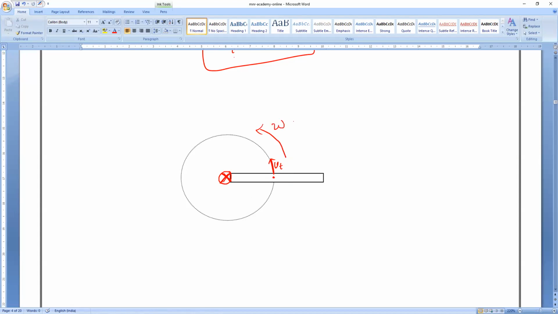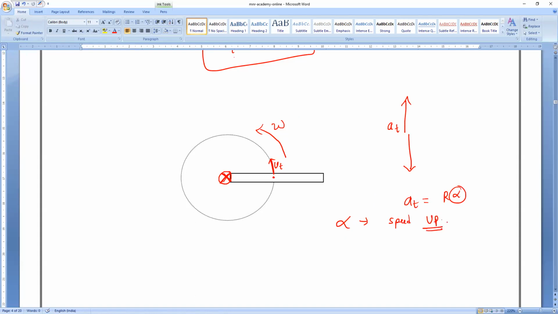Now all of you remember, the direction of tangential acceleration is either parallel or anti-parallel. We know that tangential acceleration is equal to r into alpha. Alpha increasing means speeding up. How will angular acceleration speed up?